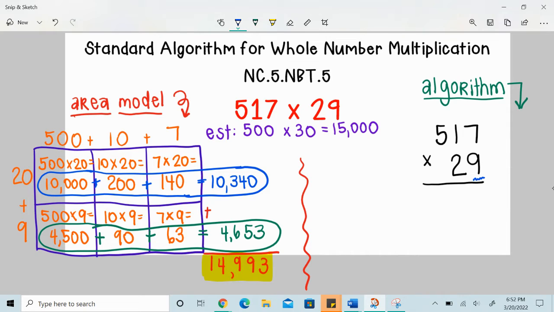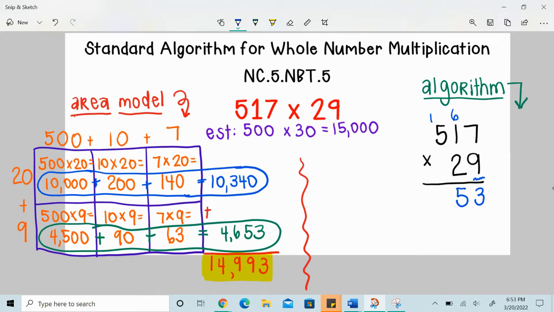So we'll begin by doing 9 times 7, which is 63. I'll put the 3 in 63 down below the 9 times 7, and the 6 will go up here above the 1. Now I'm going to do 9 times 1, which is 9, plus 6 would give me 15. The 5 in 15 goes down below the 1 here, and the 1 in 15 comes up above the next digit I need to multiply 9 by, which is the 5.